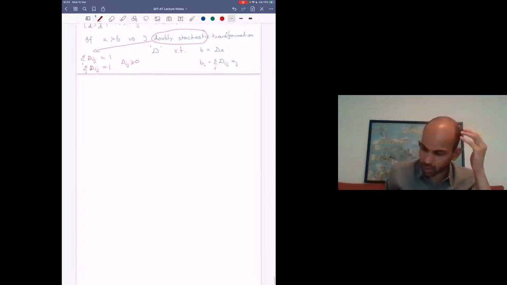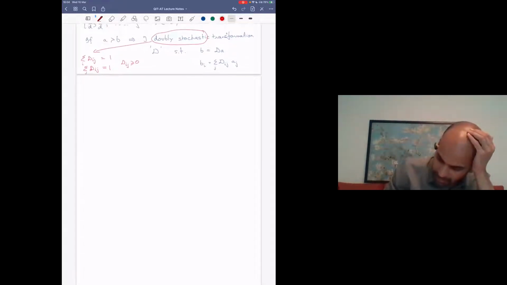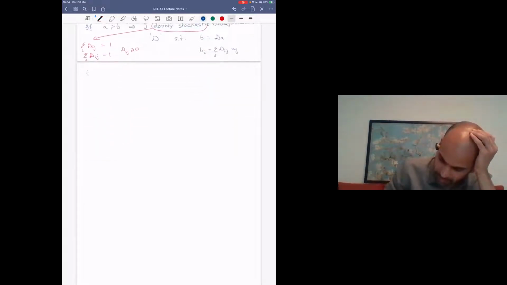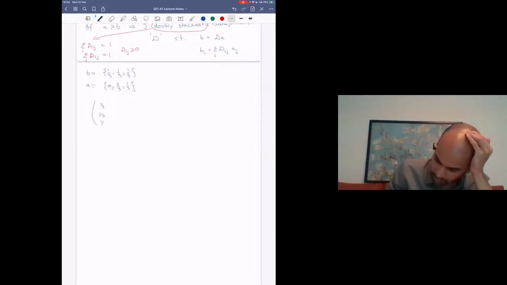But just to go back to our example, I'll write it down again. B was 1/3, 1/3, 1/3, and A was 0, 2/3, 1/3. We can see that if I write it down as a vector, 1/3, 1/3, 1/3 is equal to, and now I want a 3 by 3 matrix that will effect this transformation.